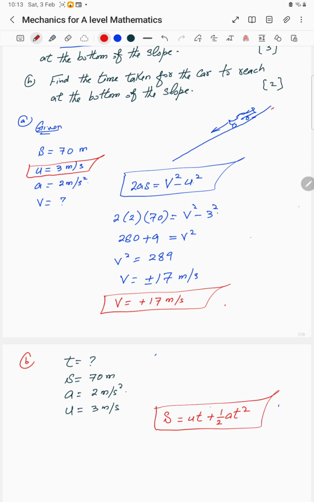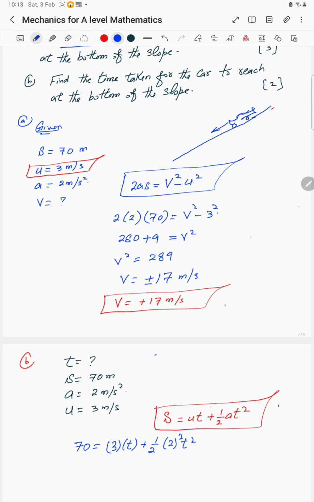Or you can apply another approach, the first one, v is equal to u plus at, because we have already calculated v in part A. So there are different routes to find the right answer. 70 is equal to u is 3 times t, which we are looking for, plus half of a, which is 2, times t square.